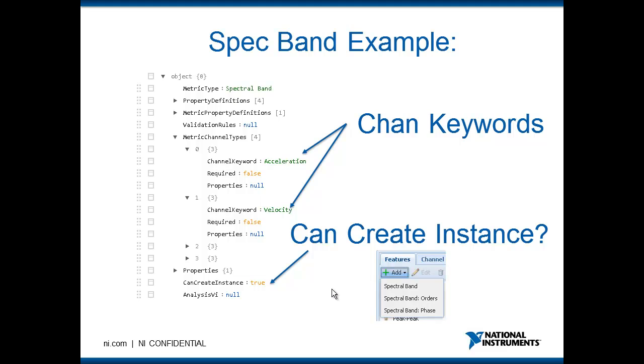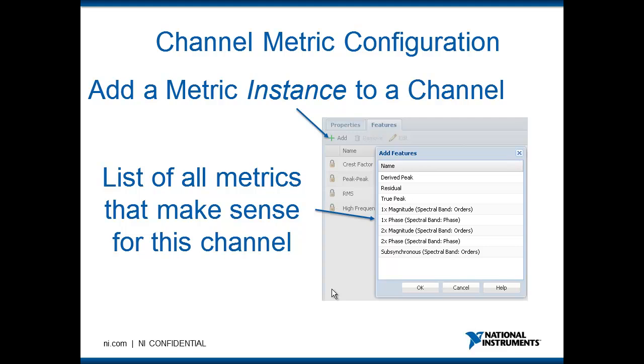If this field is false, then when the metric is uploaded, the server will automatically create one and only one instance of that metric. And again, the whole end game here is that when a user is configuring a channel and wants to add a metric to that channel, the list that comes up is a list of all valid metrics for that channel.